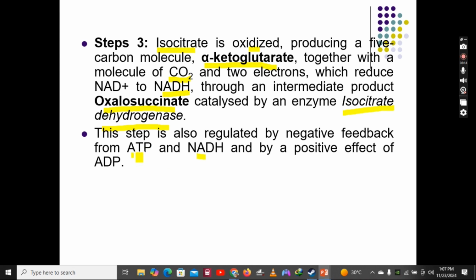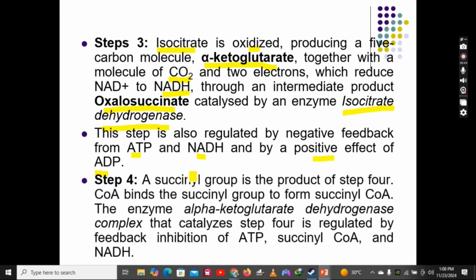Then there is a positive effect by ADP. If we have high levels of ADP, the reaction increases. The reaction will increase in case the cell has high levels of ADP. It has a positive effect on this reaction, step number 3.